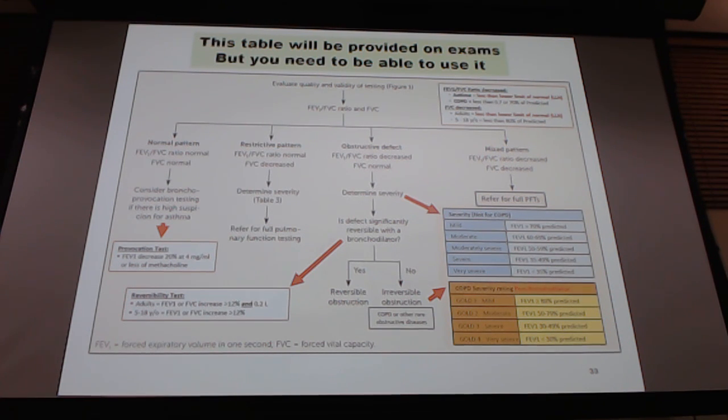We still use it when we communicate. So I'll at least explain to you what that means, so that when somebody says a GOLD 2, you can figure out clinically what that means. And it does sort of tie into medication treatment. We'll talk about that in a whole lecture though.